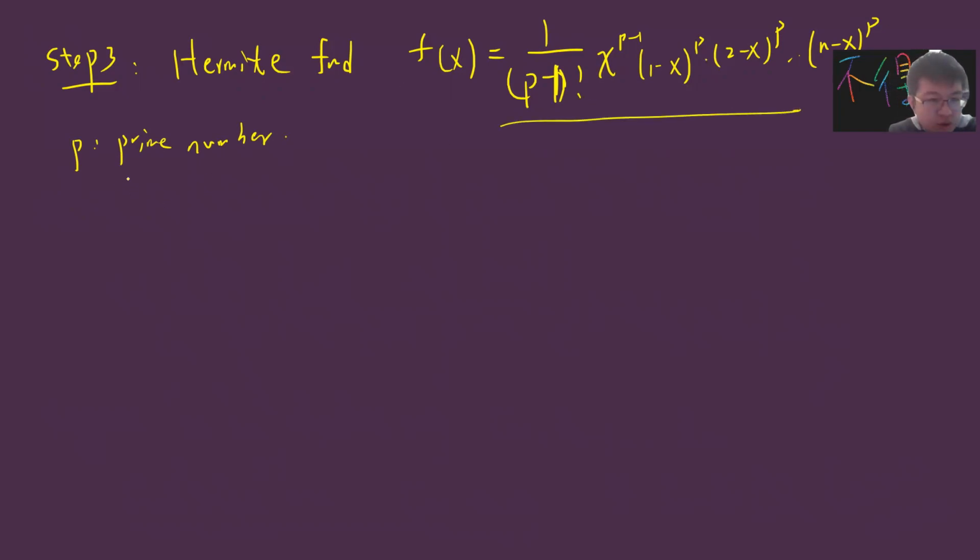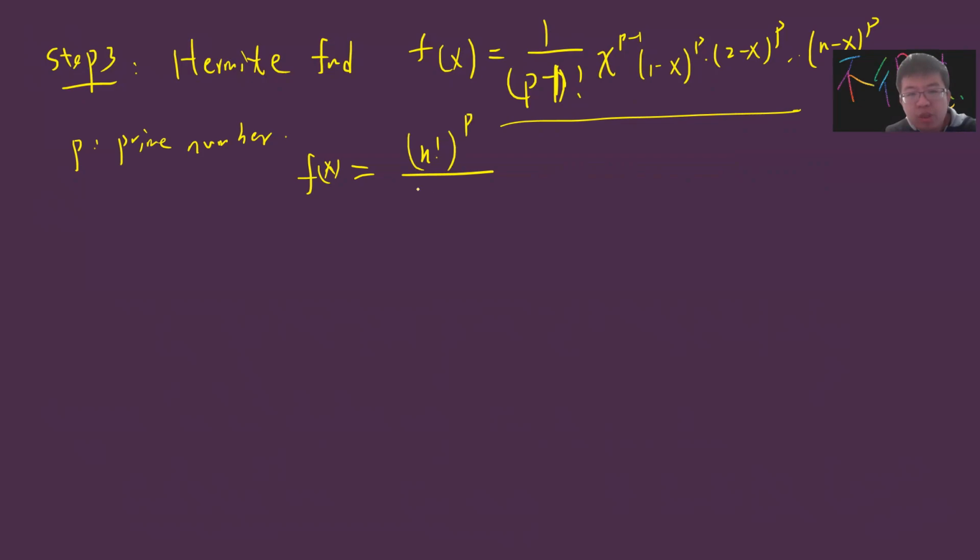Okay, so you can ignore the expansion of F of x. What is the leading order? You have x to the p, x to the p, and then n minus x to the p. Not leading order, what is the smallest order? The smallest order is 1 times 2 times up to n, so the smallest order must be n factorial.